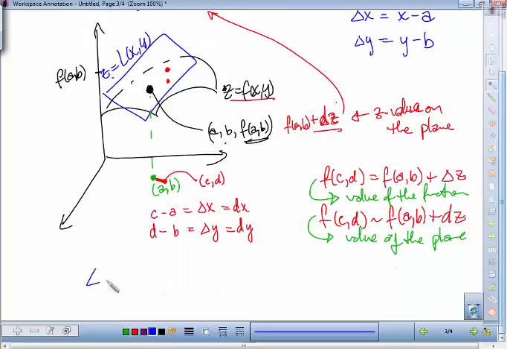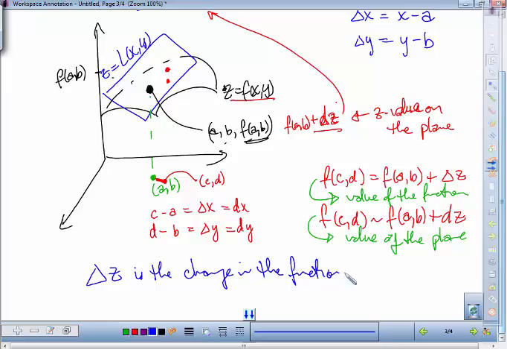All right, so the summary was that the delta z is the change in the function. The dz is the change in the plane, the change of height in the plane.